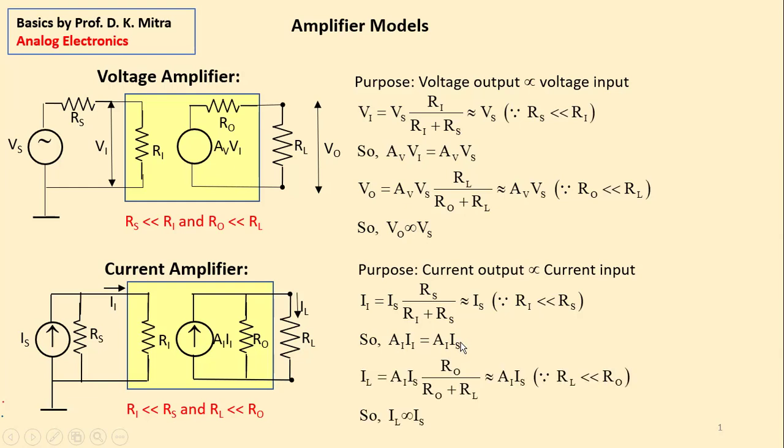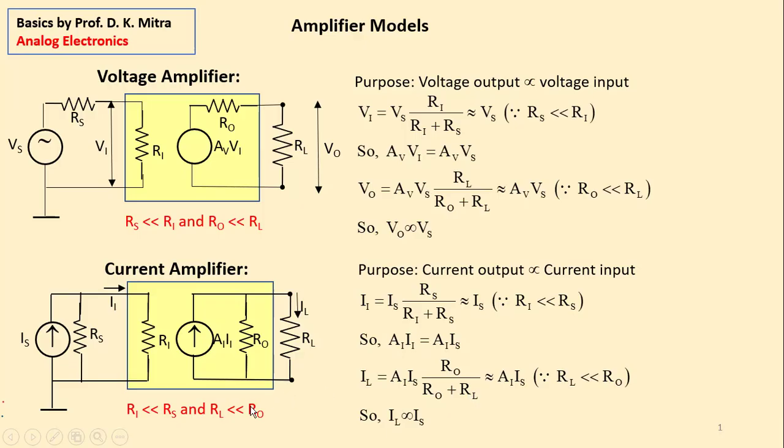Then, if this is AIIS and then again dividing into two branches, what is the load current? IL is equal to the basic current, original current AIIS, multiplied by the other branch Ro divided by the sum of two branches Ro plus RL.